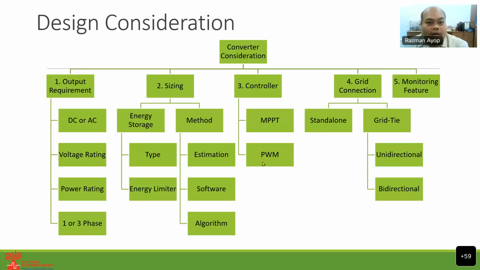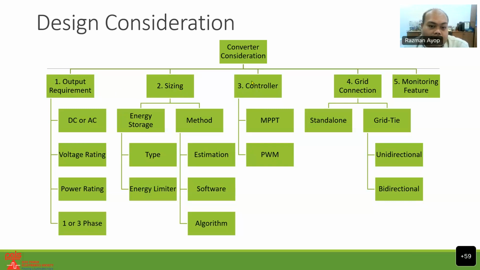Okay, for this webinar talk, I group it into 5 considerations. Your first consideration is the output requirement, which is the requirement by the load. Next is the sizing, which is basically how many PV panels and how much energy storage you need to use.